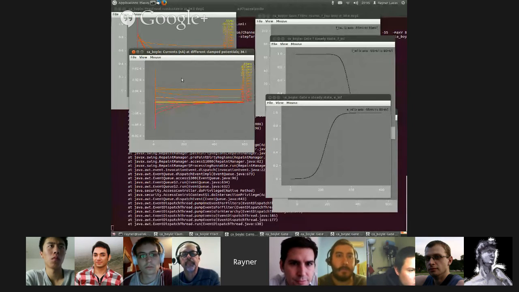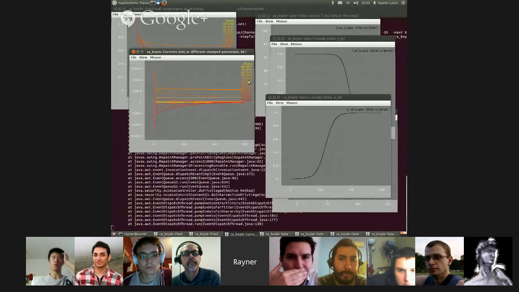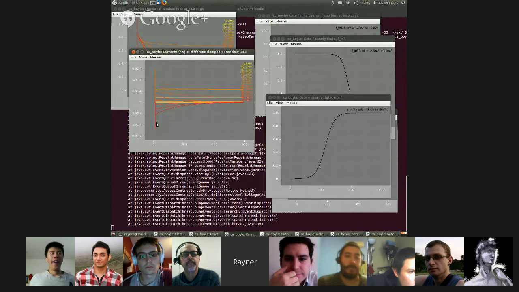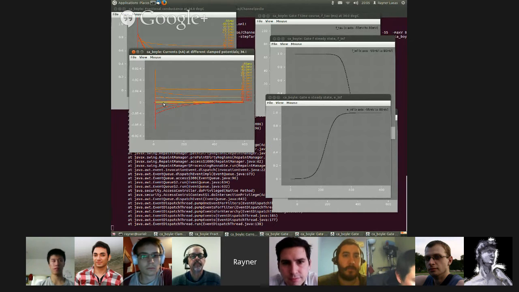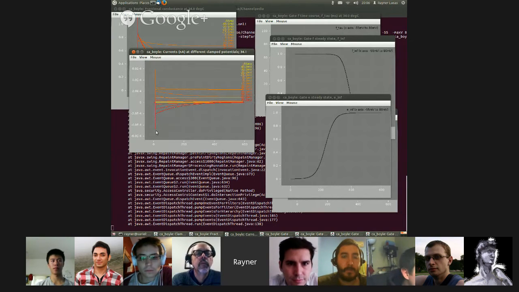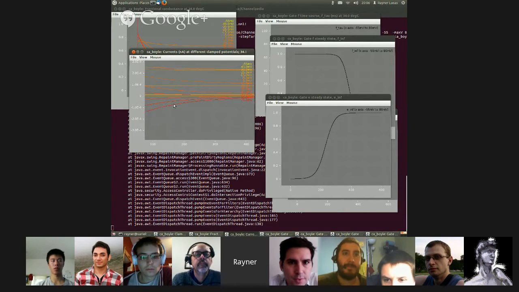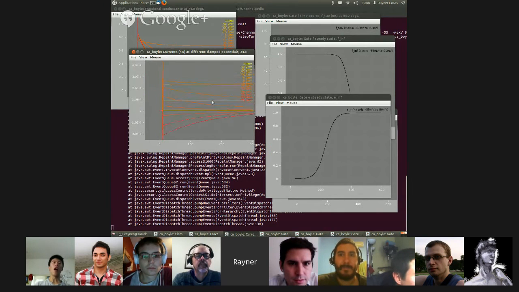That's the current through that ion channel at various different voltage clamp potentials. So that's current against time. Red line is at a membrane voltage of 75 millivolts. Lightest yellow one is minus 55 millivolts. And I can zoom in on that slightly.